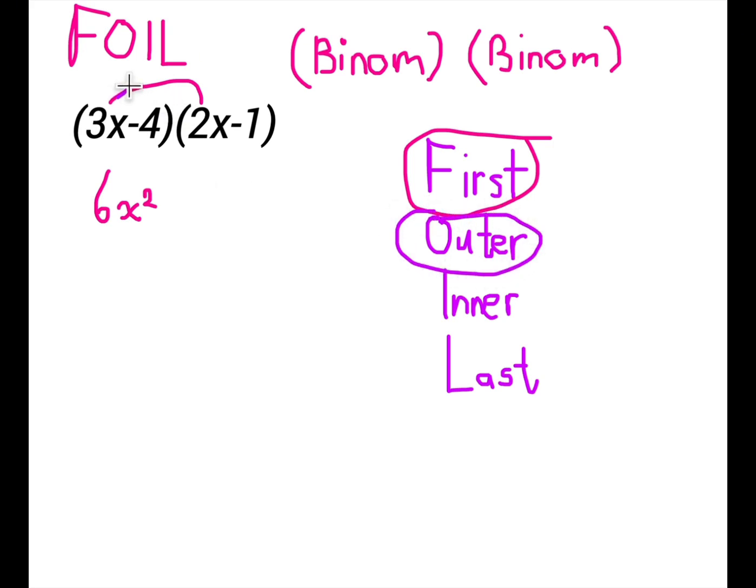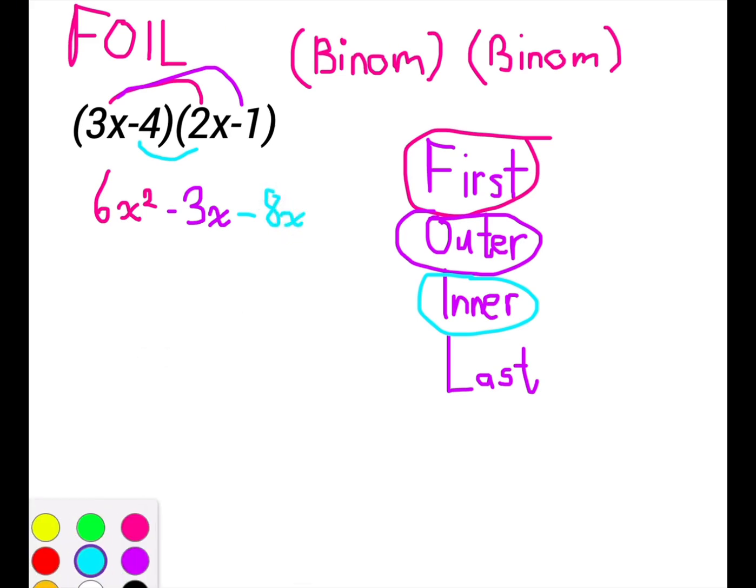And now we're going to do the outer step where we take the first term of the first binomial times the second term of the second binomial. So we get 3x times negative 1. That's negative 3x. And now for the inner step, we take the second term of the first binomial and multiply it by the first term of the second binomial.